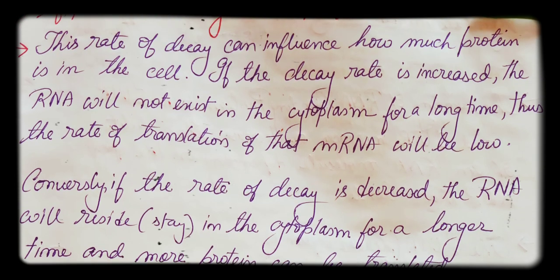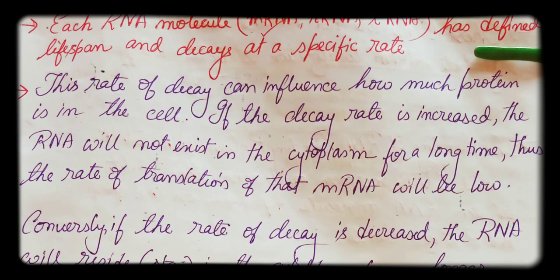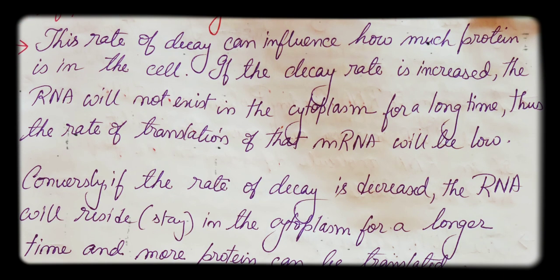So the rate of decay of an RNA molecule will influence how much protein will be produced inside the cell, in the cytoplasm more specifically. If the decay rate is increased, then the RNA will not remain in the cytoplasm for a long time, thus the rate of translation of that mRNA will be low.